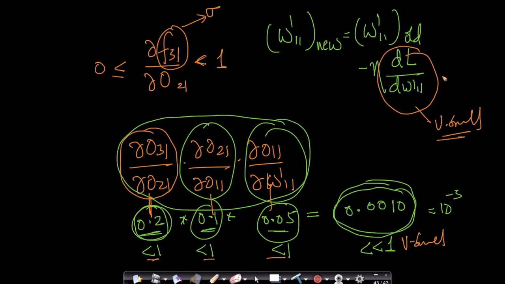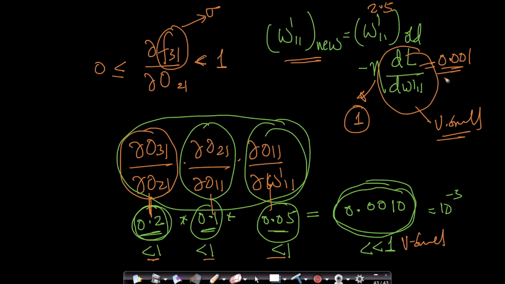When the derivative becomes very small, your W11 new, let's assume this value is 0.001. And let's assume eta equals 1, just for simplicity. Okay, and this value is very small. Let's assume your older weight is 2.5.